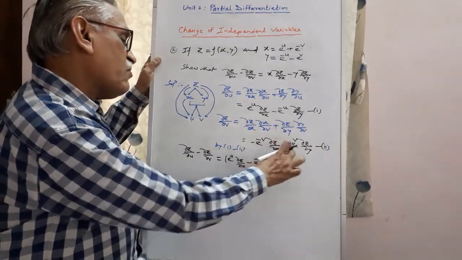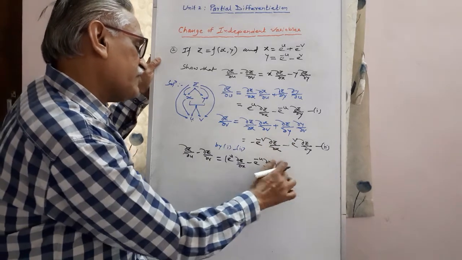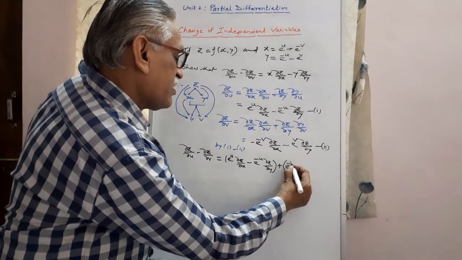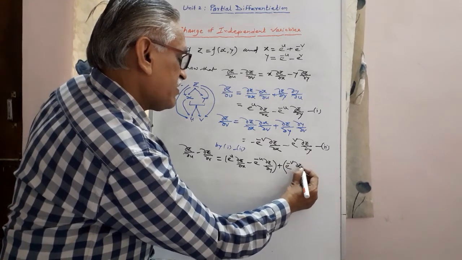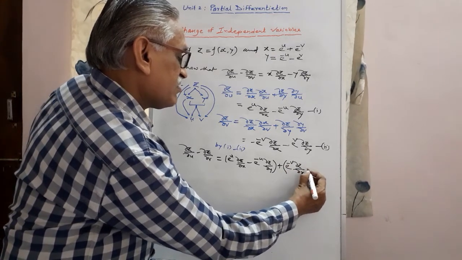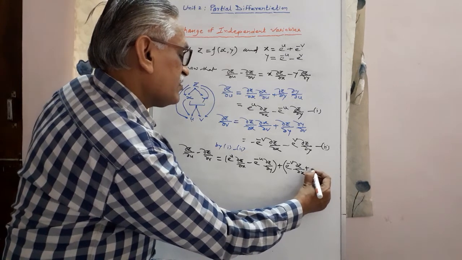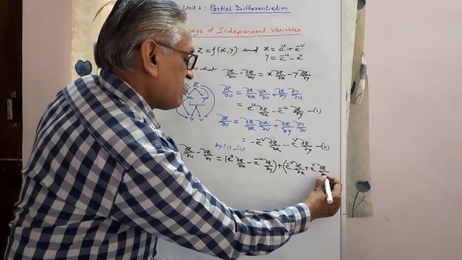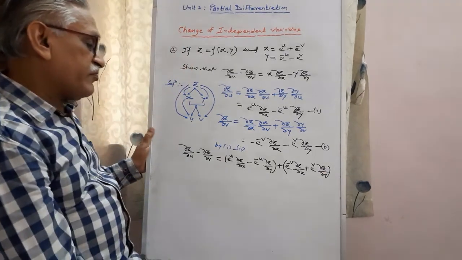If we take minus common from these two, that minus and this minus will become plus. The terms are e raised to minus v dou z by dou x and plus e raised to v dou z by dou y.